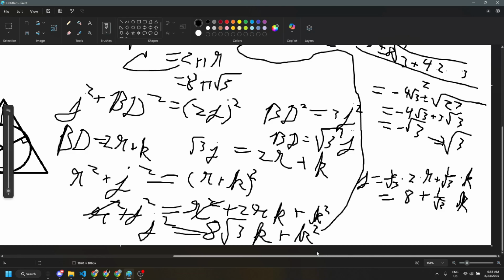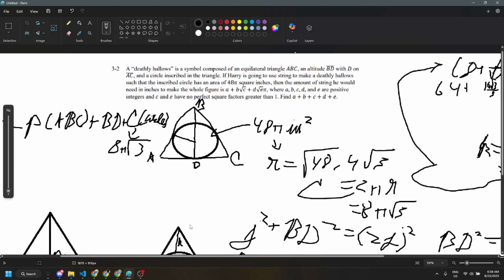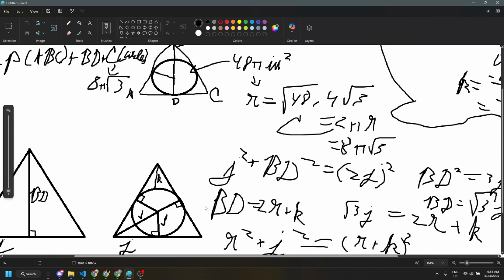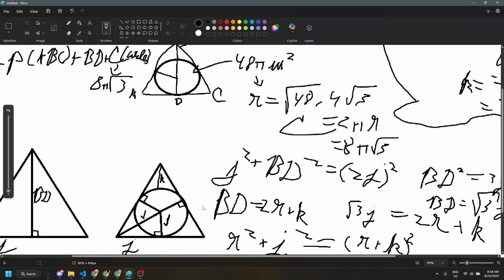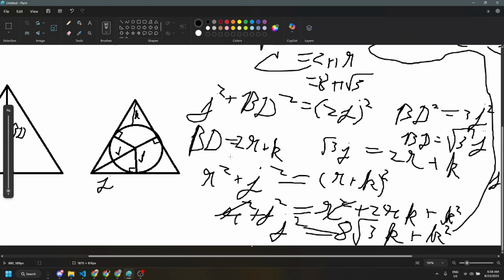So then BD is equal to 2 times 4 root 3. So it's equal to 8 root 3 plus root 3 is equal to 9 root 3.